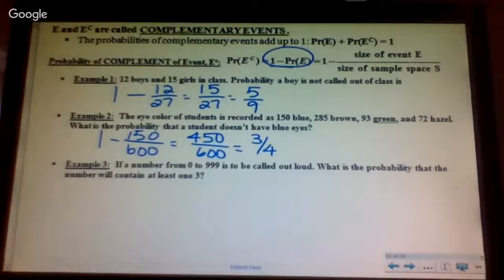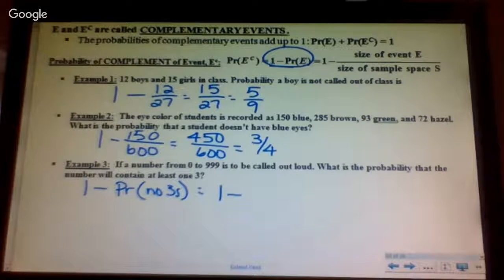Example 3. If a number from 0 to 999 is called out loud, what is the probability that the number will contain at least 1 3? So we need 1 minus the probability of no 3s. How do I find the probability of no 3s?